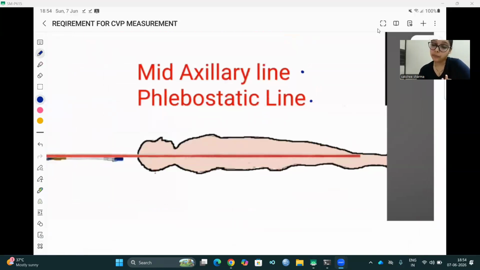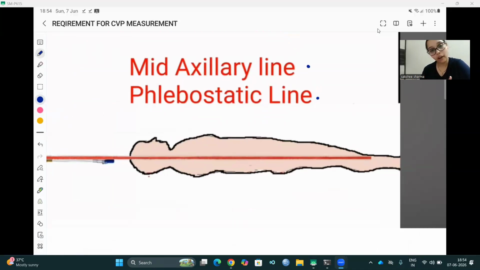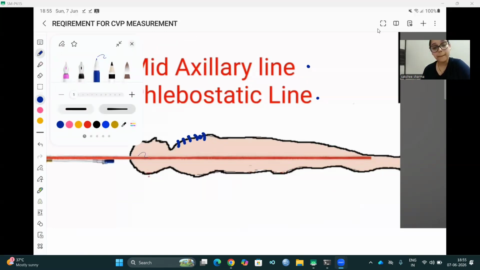To find the phlebostatic axis or mid axillary line, we have to find the fourth intercostal space of the patient. 1, 2, 3, 4. So the fourth intercostal space of the patient and an imaginary mid axillary line.